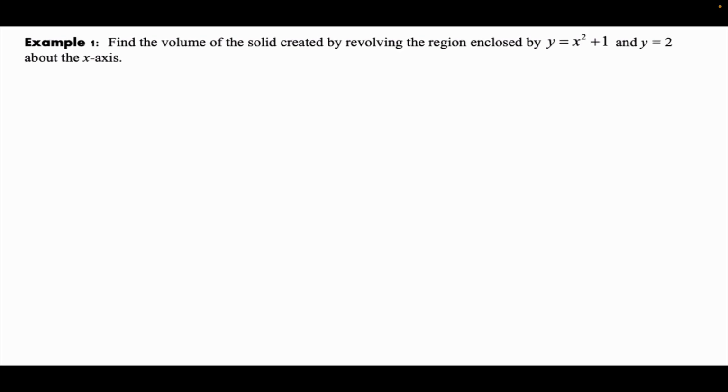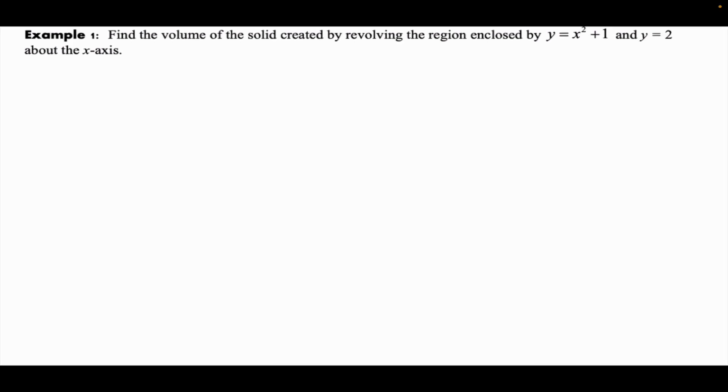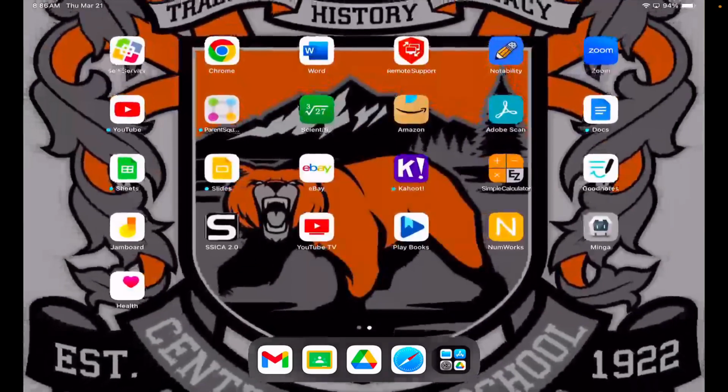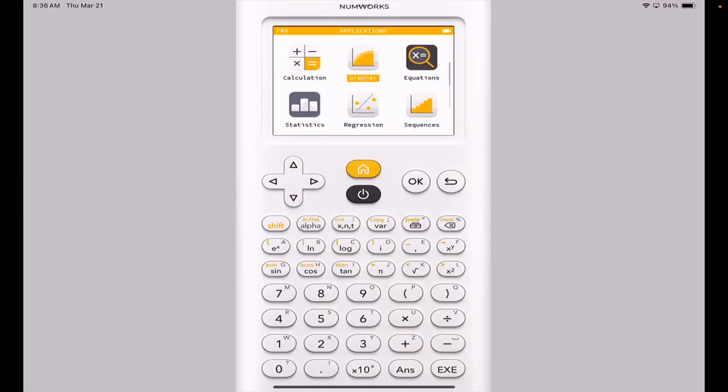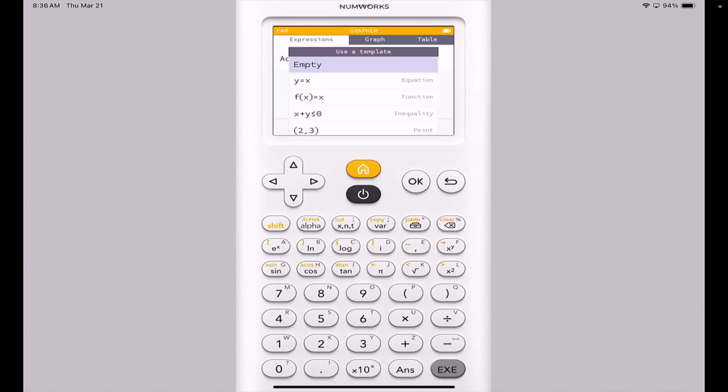First thing we're going to do is get a picture. Use your calculator if you want. That's totally okay. But get a picture of what we're looking at here.